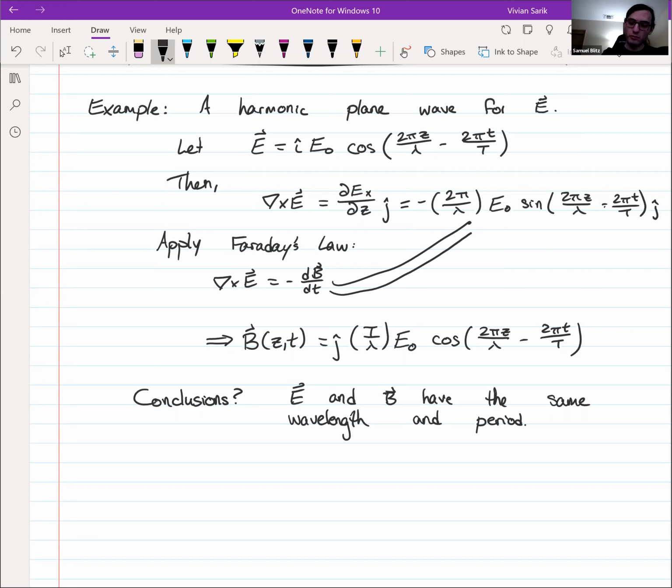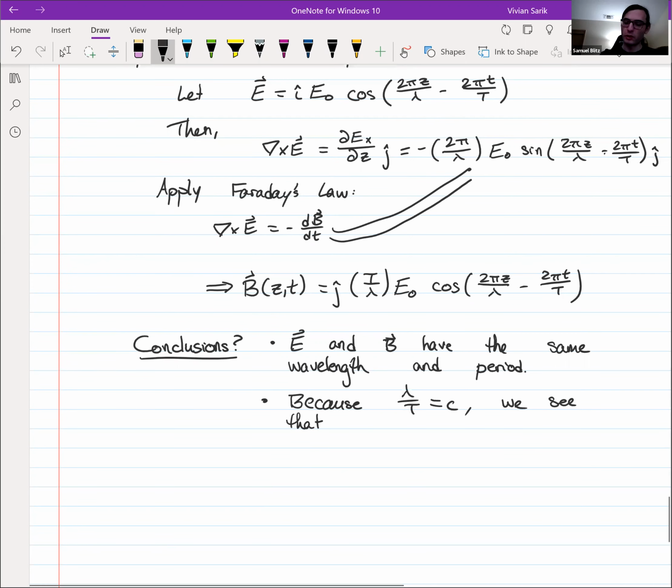Also, and this is more 9c material, because lambda over T is equal to the speed of propagation, in this case c, the speed of light, we see that the amplitudes, so B naught, which we're defining as just this stuff, is equal to E naught divided by c.